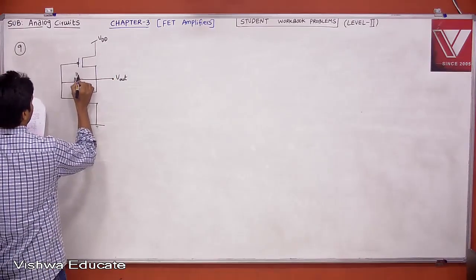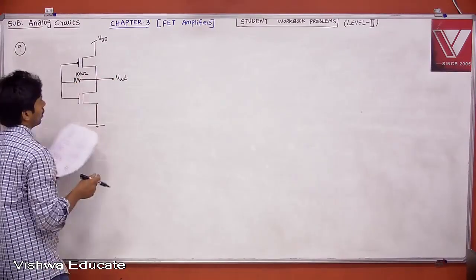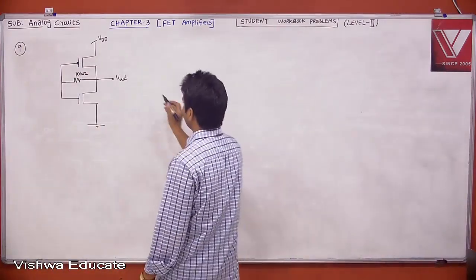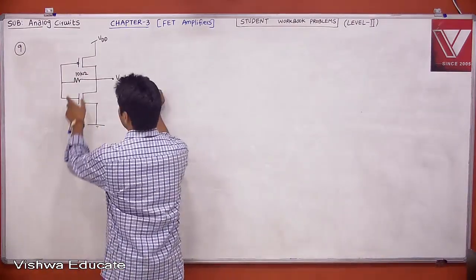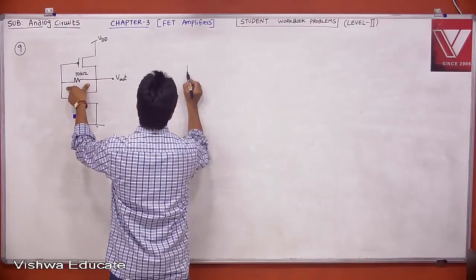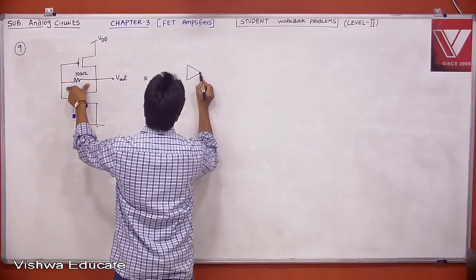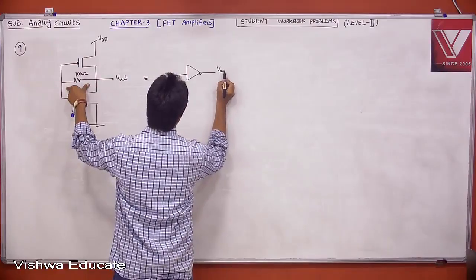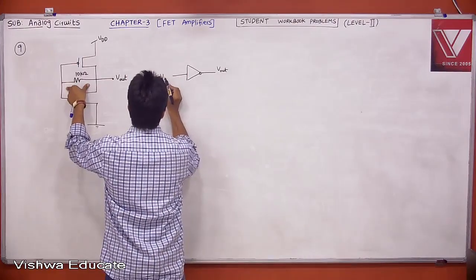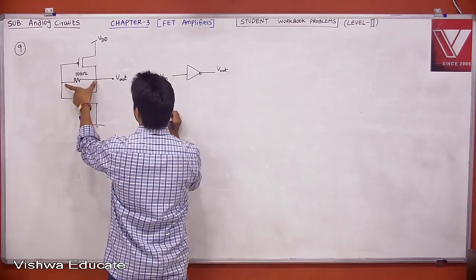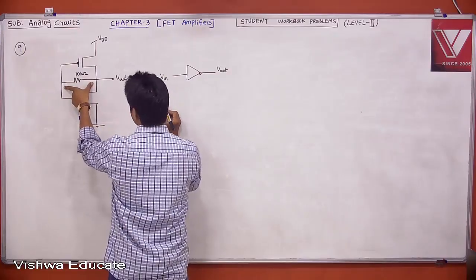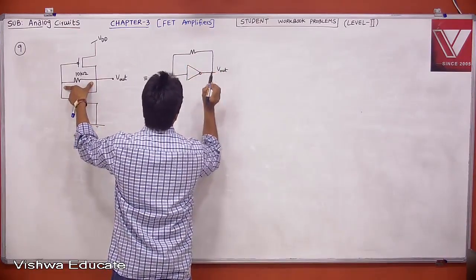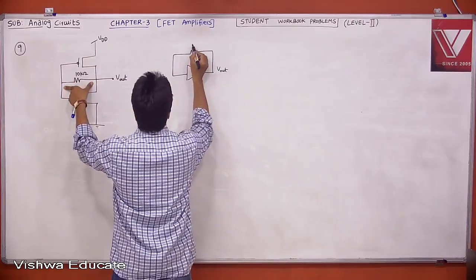This is some 10 kilo ohm. If you observe clearly, can I write equivalently? If there is no resistor, then it is simply an inverter. This is your V in and this is V out. But remember, there is a resistor from output to input. Again, this is what is called Miller resistor. This resistor is 10 kilo ohm.